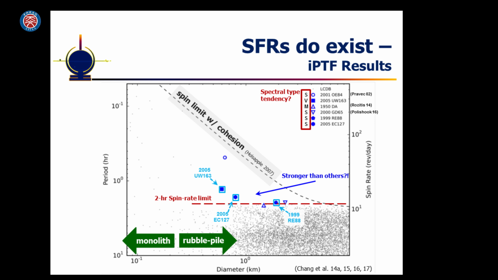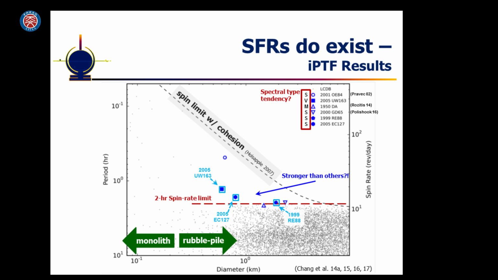So here is the result from iPTF. Using several surveys, several high-cadence observations, we found 3 other superfast rotators, highlighted with the light blue squares. As you see, they are all in the rubble-pile region and have a rotation period shorter than 2 hours.